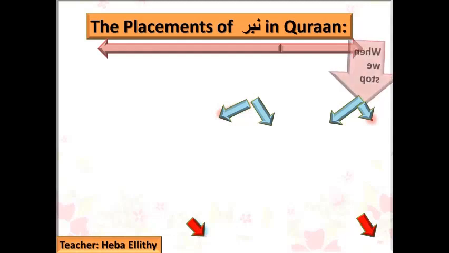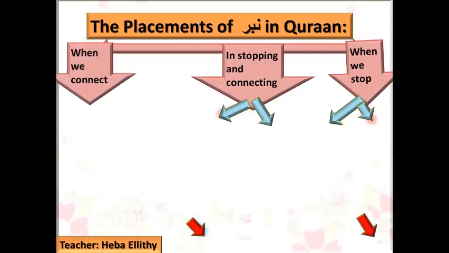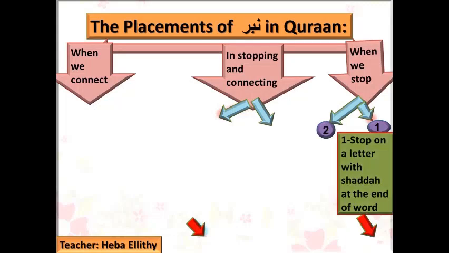We said we have the first place when we stop, second place when we stop or connect in both cases, and third place when we connect only. And last time we talked about the first category under when we stop. We have two categories. We talked about when we stop on a letter with Shadda at the end of the word, and we talked about the exception of it too.